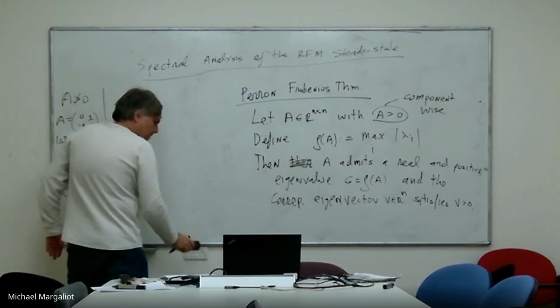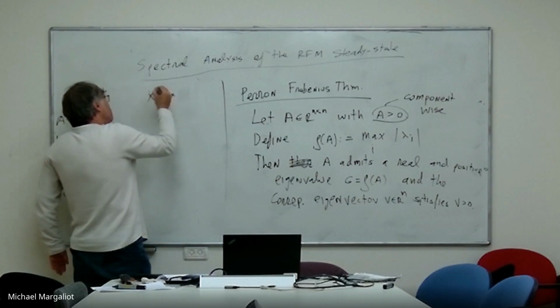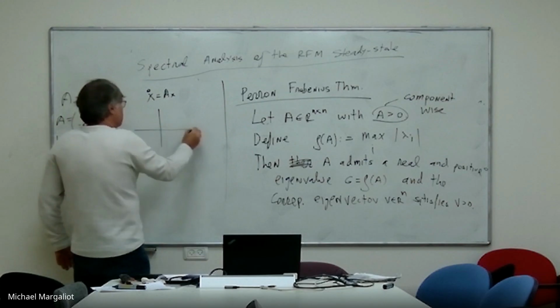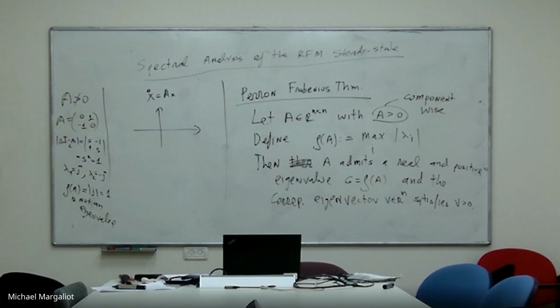So the idea is like this. This is just some intuition. Consider for a moment the dynamics x dot equals Ax. So often I like to give intuition using dynamical systems.